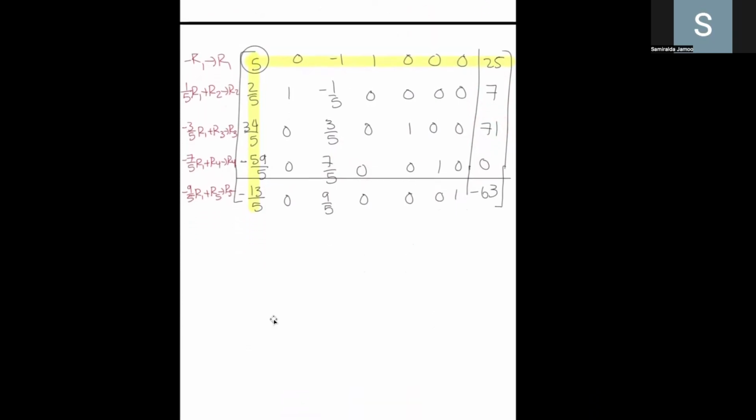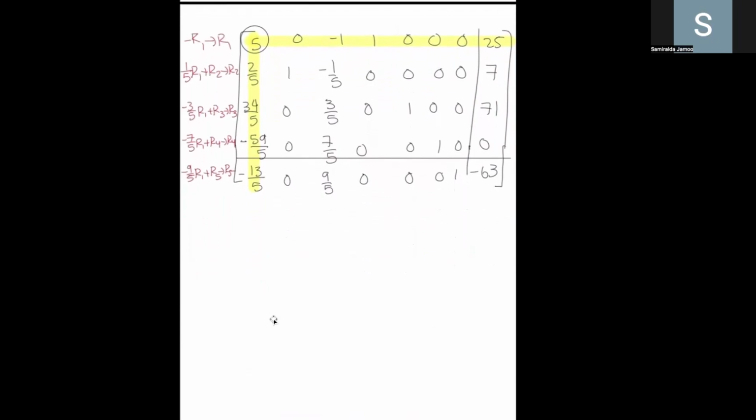And I'm not going to write all the steps. I'm just going to pivot it until we get this matrix over here. And you guys can pause this, pivot it, see if you are getting the same thing. So same steps. Get a 1 instead of where the 5 is and get zeros underneath it.